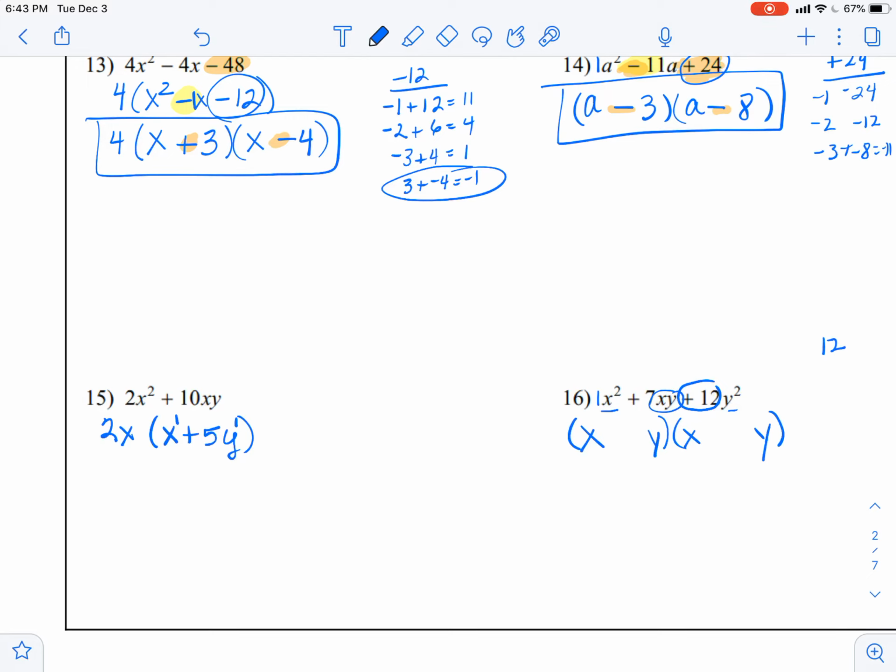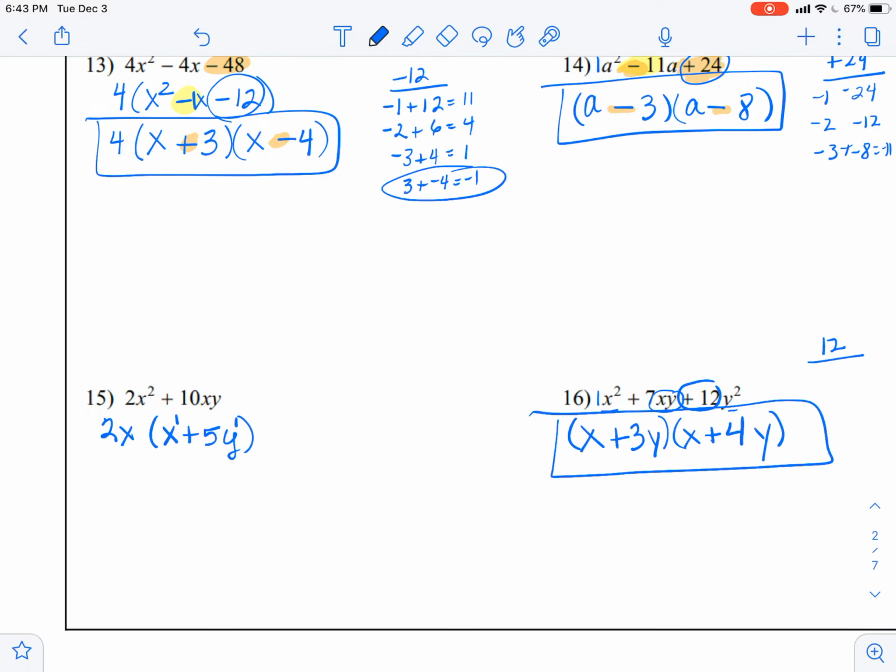So factors of 12 that add to be 7. They're both positive. And can you do that one without doing a table over here? Factors of 12 that add to be 7. And hopefully you know 3 and 4. Okay, and I'm done. Because everything has a power of 1.